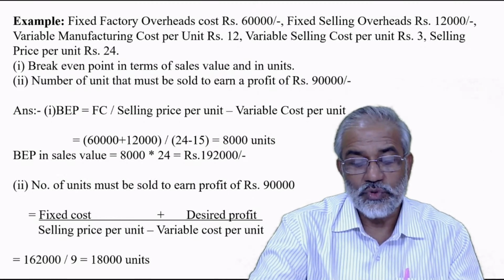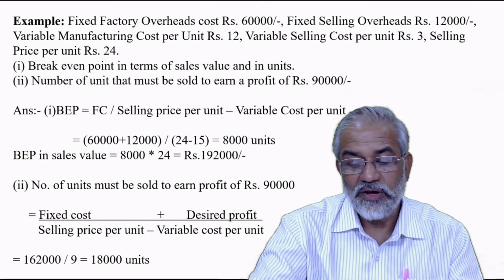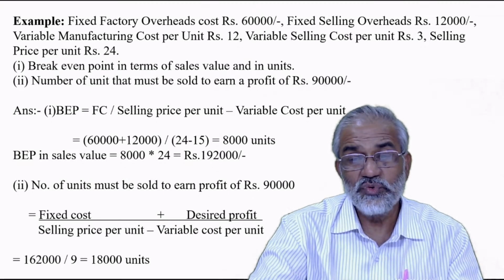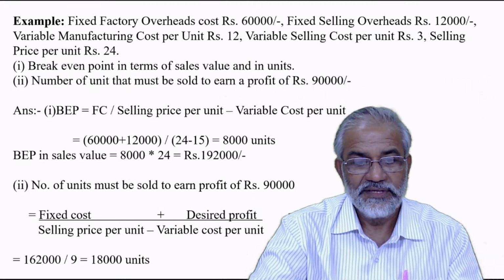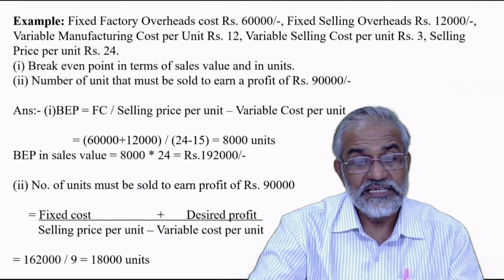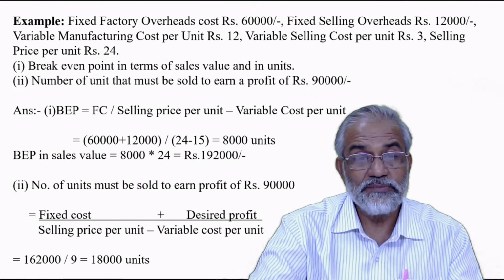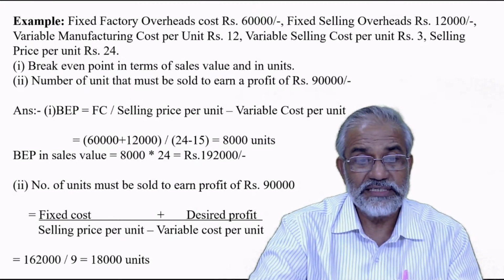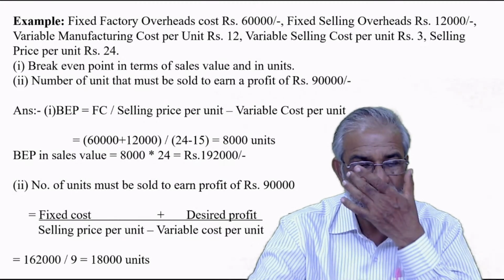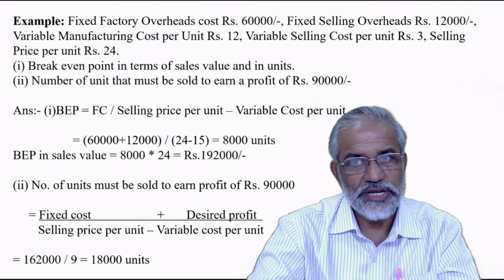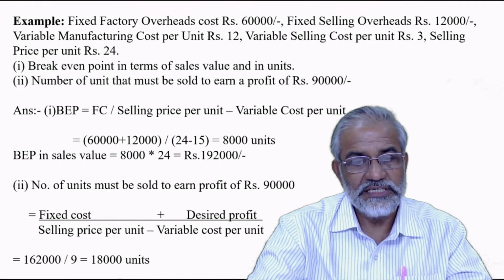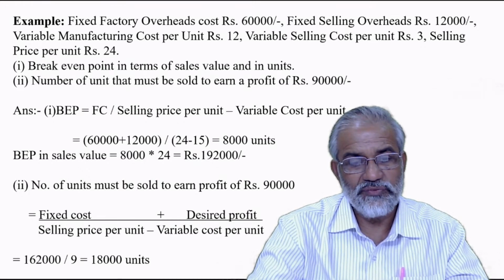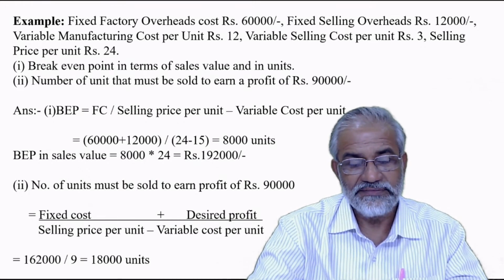So the total comes to 72,000 plus 90,000, it is coming to 1,62,000. When 1,62,000 is divided by the contribution per unit, which is 9, because sales minus variable cost: sales is 24 rupees per unit and the variable cost is 15 per unit, so 24 minus 15 is 9.